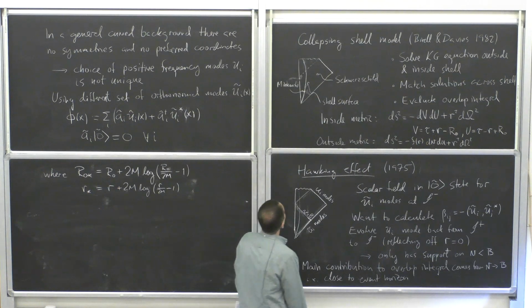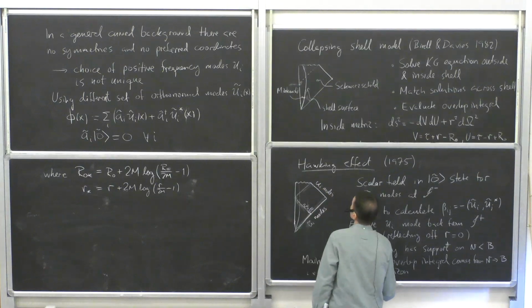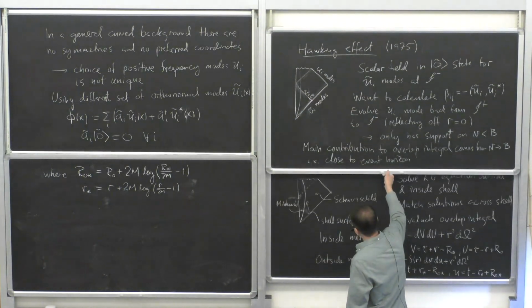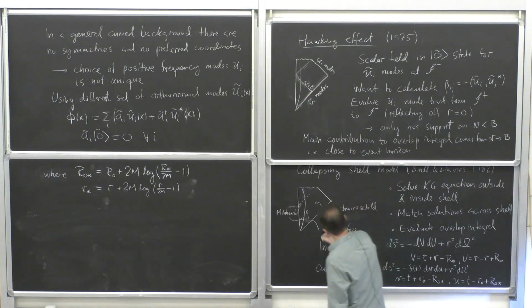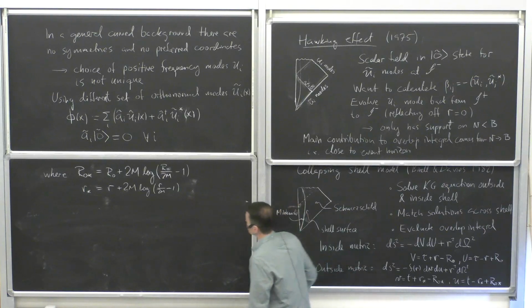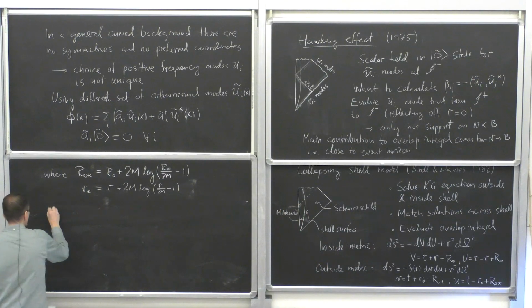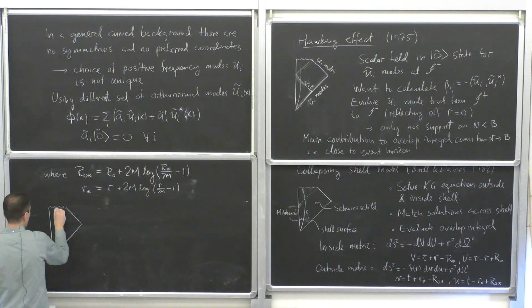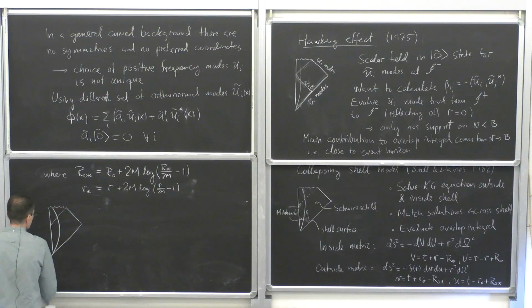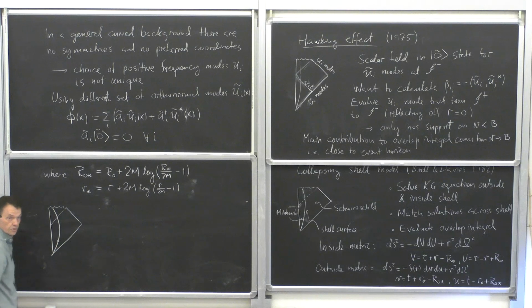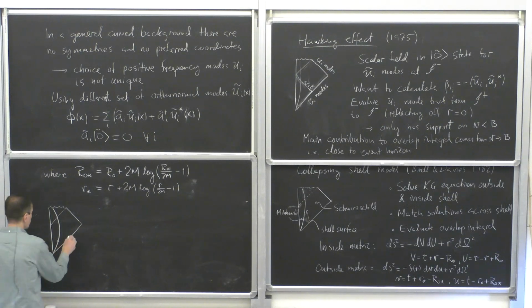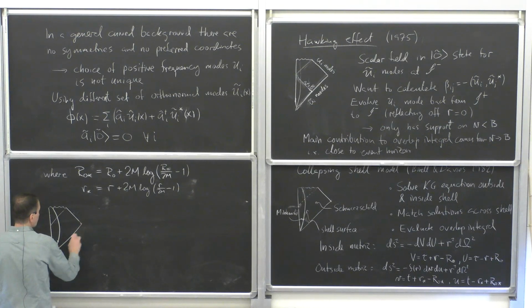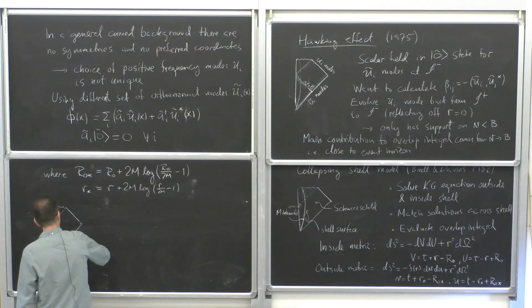And then if we do that, we can go back to this diagram and see what I've done. It's probably best if I draw this again. Here's my shell. Let's say I do this over here. Then basically what I'm saying, remember, outside here, this is now the v coordinate.